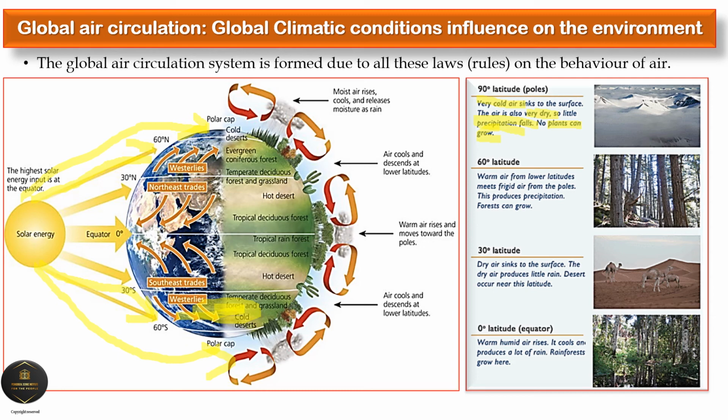So this warm air from the lower latitudes meets this cold air from the poles, and this leads to precipitation forming, and as a result we can have forests forming over there.